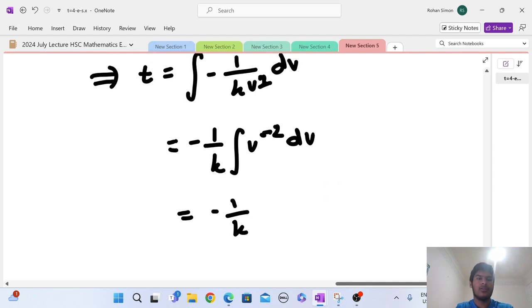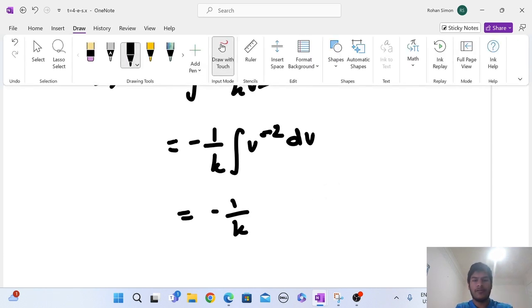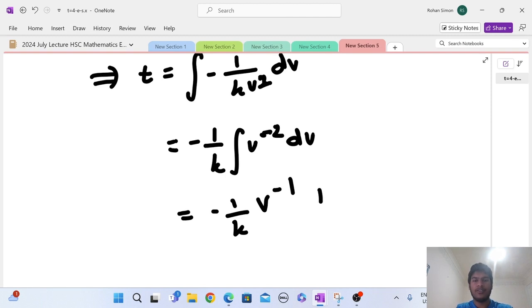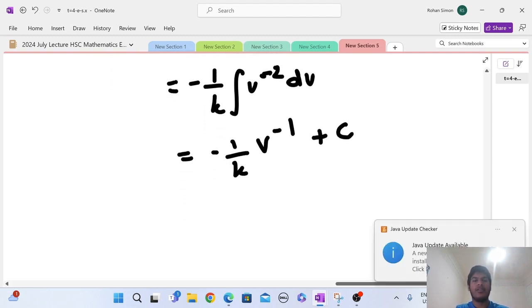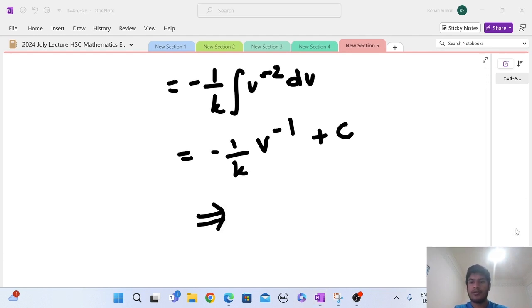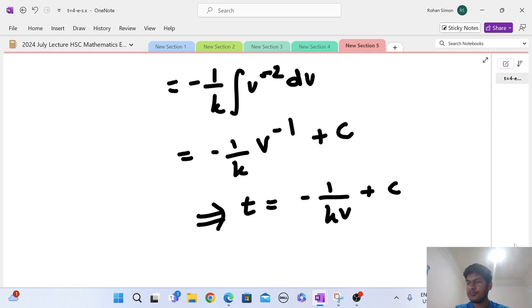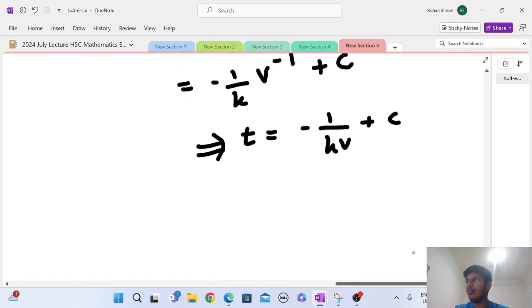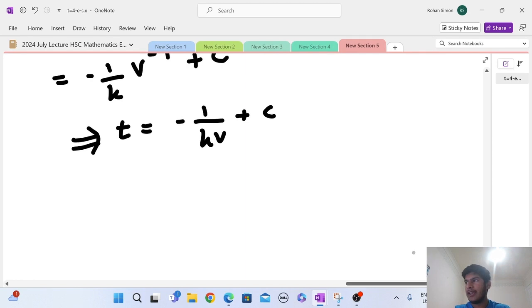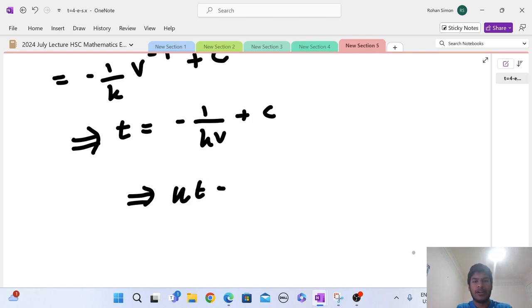That shouldn't be there. That should be v to the minus 1 plus c. And so we end up with t equals minus 1 on kv plus c. Now, let's go ahead and multiply through by k. It doesn't really matter what we do with the constant because it's still a constant. So we get kt equals minus 1 on v plus c.